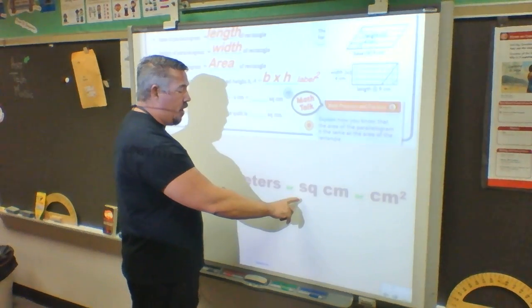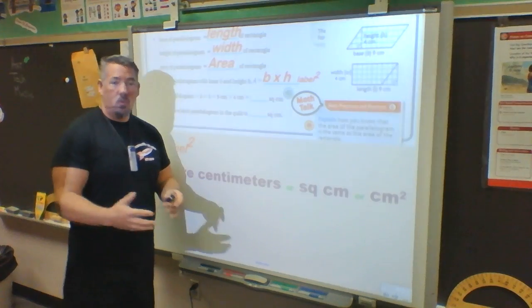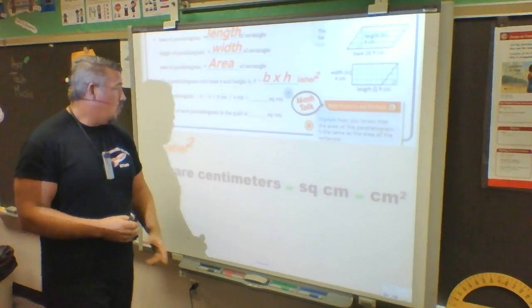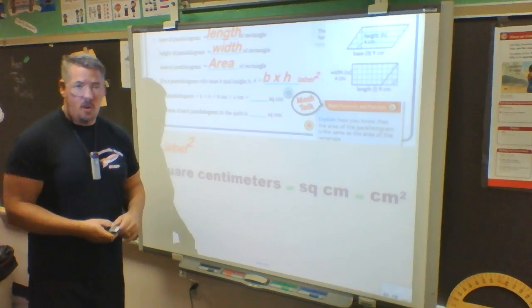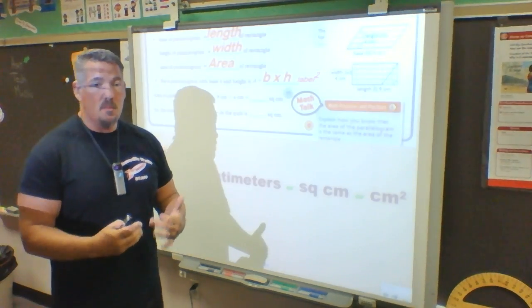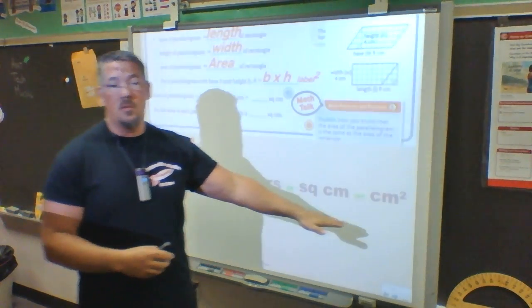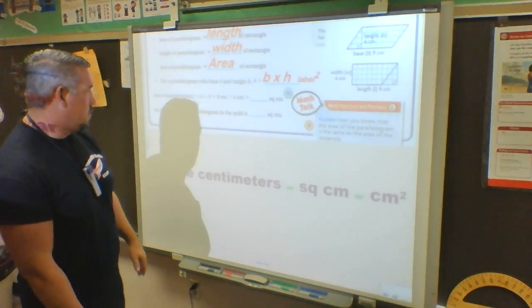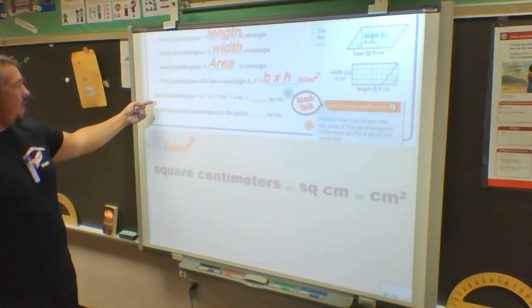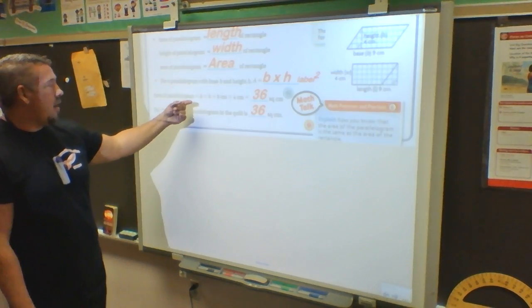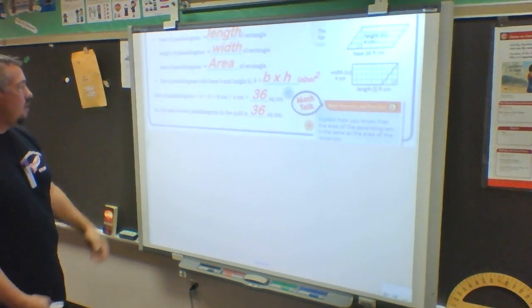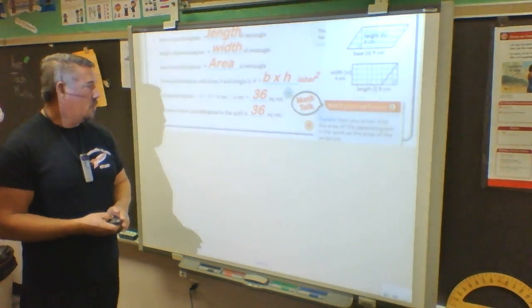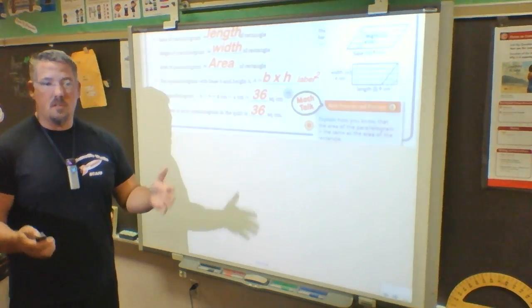If you abbreviate it to SQ CM, that would also mean square centimeters. Or if you just put the cm with the exponent of 2, that means square centimeters. Once again, as a mathematician, that's the way I'm generally going to write squared centimeters. So when I find this information, using base times height, I get 36 square centimeters. So the area of the quilt that they're talking about is 36 square centimeters.